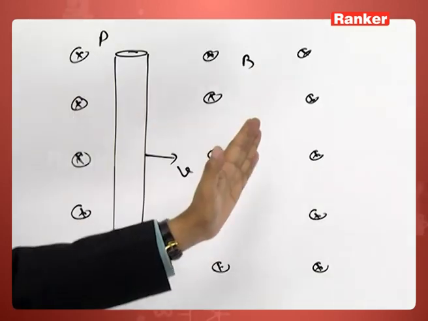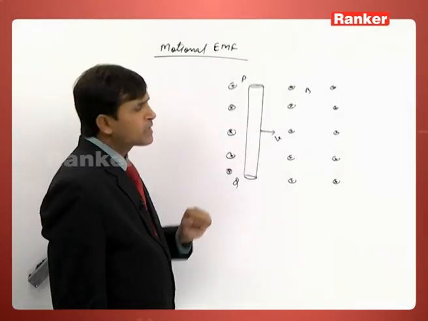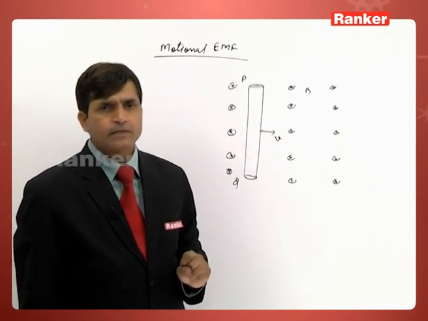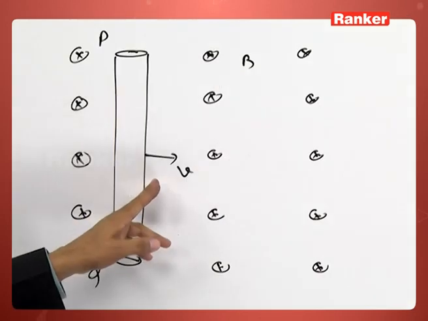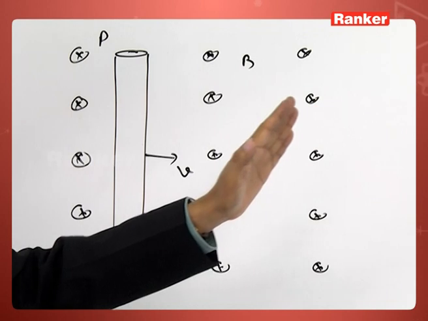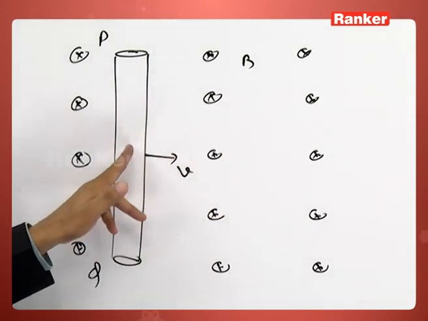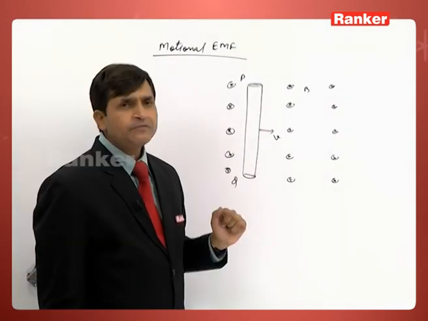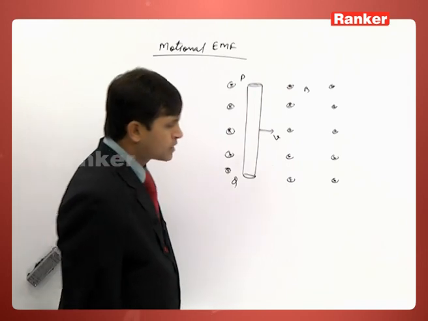As the conductor starts moving rightward, we know each conductor has free electrons. So due to the motion of the conductor, these electrons also have a net velocity to the right side. When a charged particle moves in a magnetic field, it experiences a magnetic force.